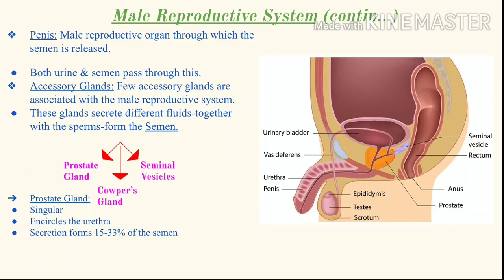Then three glands are given there. For the 8th standard, you just have to read their names only. The name is given only there.